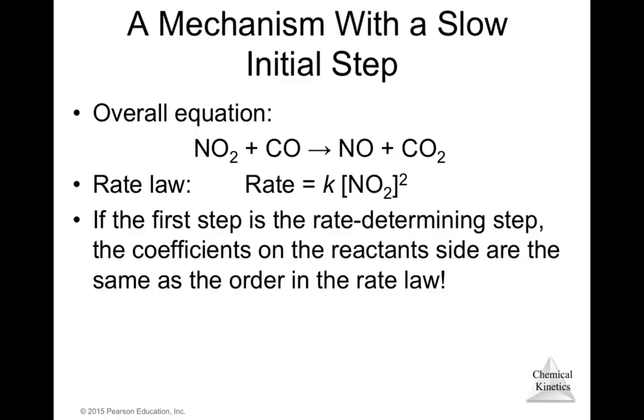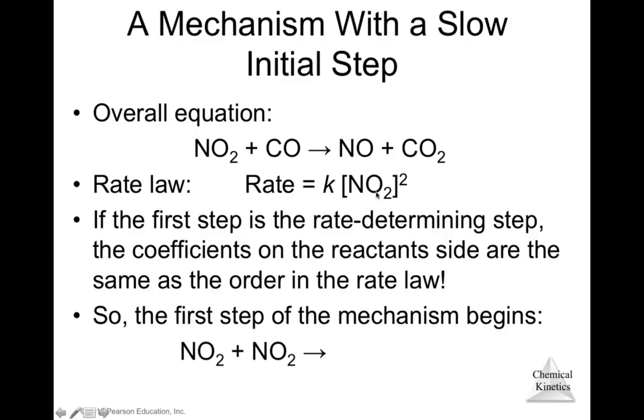And in that rate determining step, the only reactant that we have is NO2. Because we have a coefficient of 2, that means we have 2 NO2 in the first step. We know this because we established that the initial step is the rate determining step, and the rate determining step is the one that establishes the rate law.